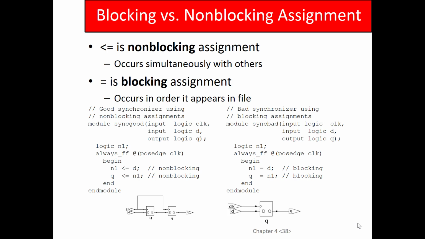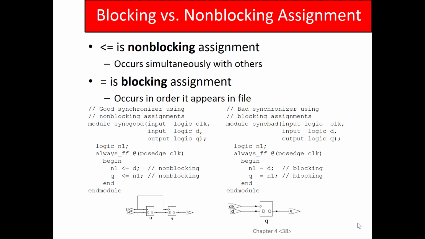But if this is confusing to you, just remember to always use non-blocking for sequential and blocking for combinational, and it should be fine, right? That's a good rule to go by. You won't run into any problems.